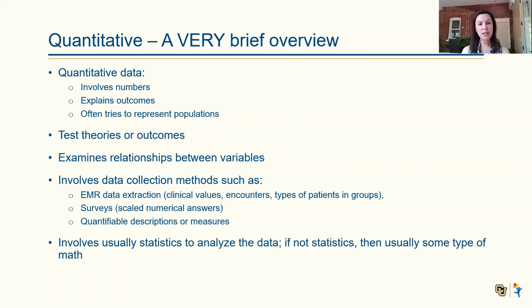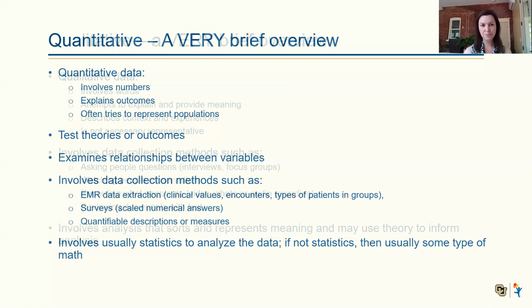In pragmatic trials, often our data collection methods include extracting data from electronic medical records, surveying patients or providers or other key stakeholders, and then collecting quantitative descriptions or measures about our study populations. Oftentimes we're using statistics to analyze our data, and if we're not using formal statistics, there is some math involved.